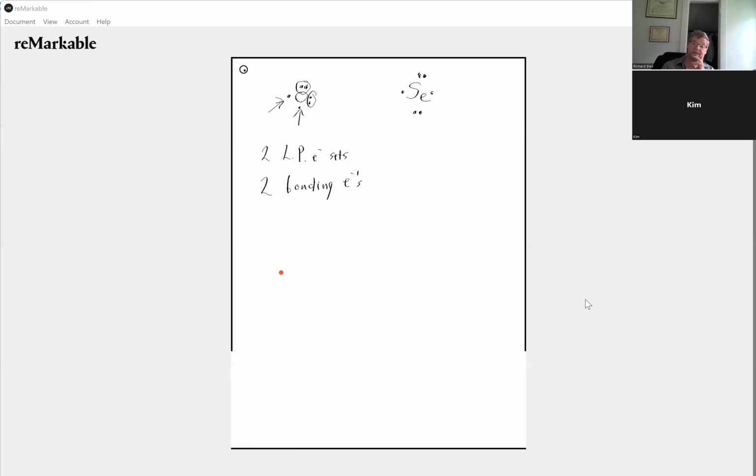There are 2 ways to fulfill an octet. The electrons can transfer. The example we did earlier in the course of sodium chloride: sodium desperately wants to lose 1 electron, so it just gives it up. It becomes a +1 charge.